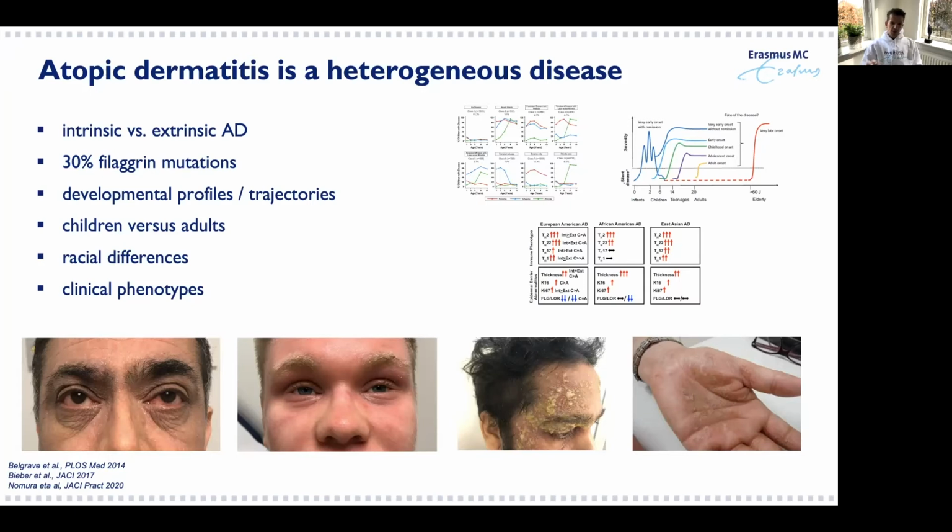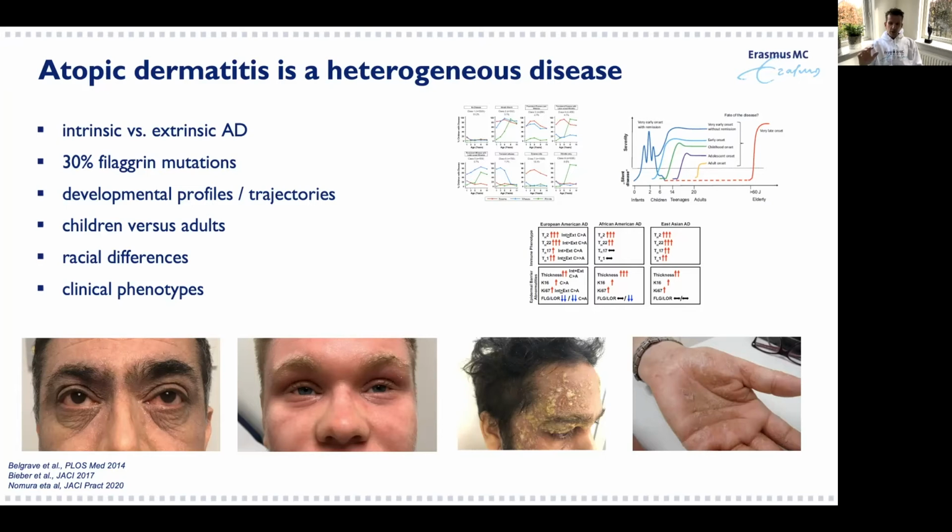So there are many different trajectories. Kids with atopic dermatitis tend to be different from adults. There are many racial differences, both from the outside and on the T-cell level. There have been some really nice publications from Kenji and Emma.